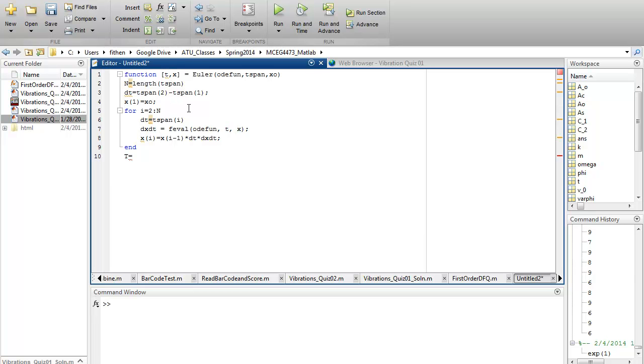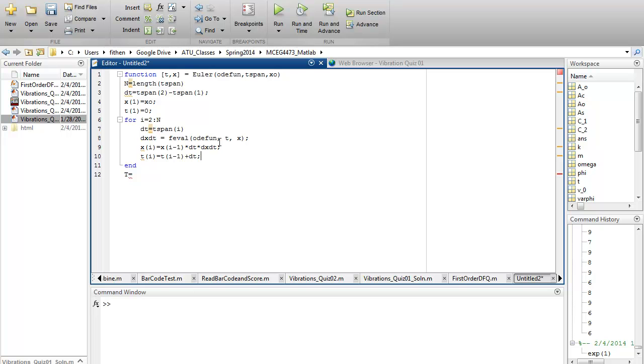And then what I will do is I'm basically trying to make it very readable. Now I think I may have messed up one particular point, but I'm going to fix it here in a second. T at i is equal to t at i minus 1 plus dt.